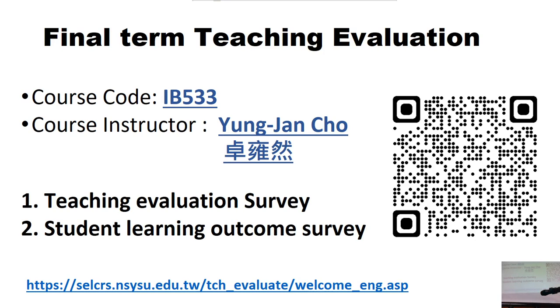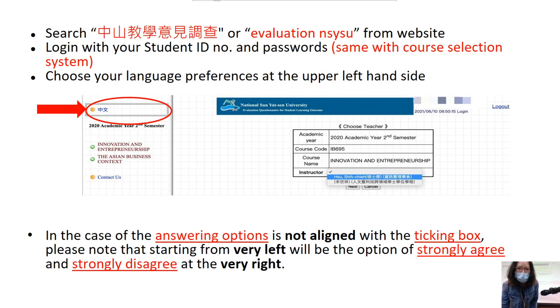Hi everyone, we need to do our teaching evaluation for this course for the final time. So please scan the QR code, or if you have a laptop, you can search 中山教学意见调查 or evaluation NSYSU. After you log in, you can choose your language preference here.